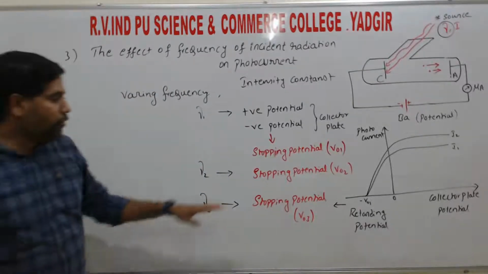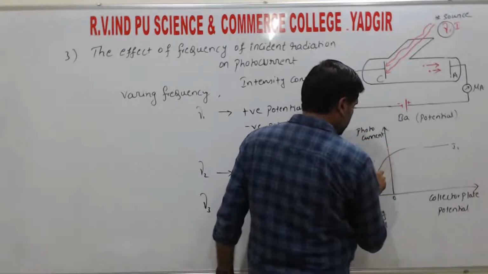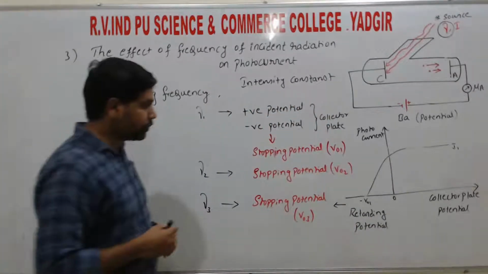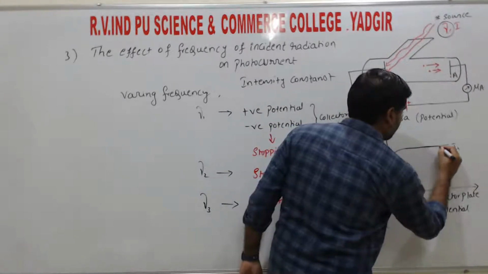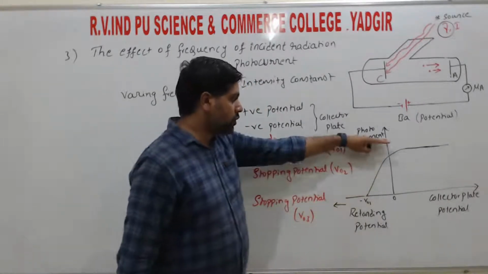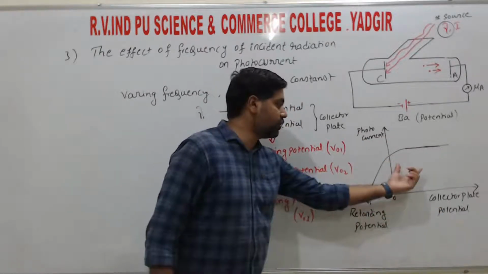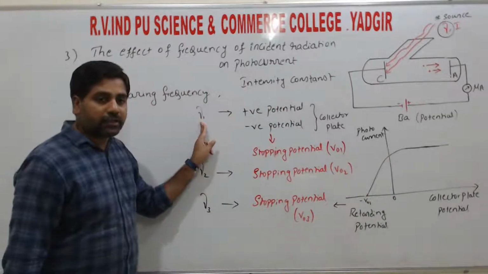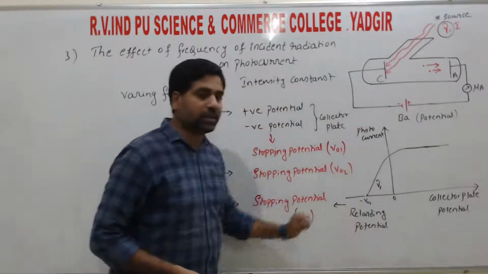If we plot the graph for this observation, we get this curve of current with respect to the potential of the collector plate and also the retarding potential. This is for the positive potential and negative potential. This curve is for the frequency nu1.